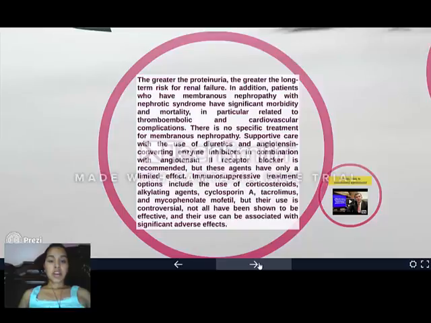Immunosuppressive treatment options include the use of corticosteroids, alkylating agents, cyclosporine A, tacrolimus, and mycophenolate mofetil, but their use is controversial. Not all have been shown to be effective, and their use can be associated with significant adverse effects.